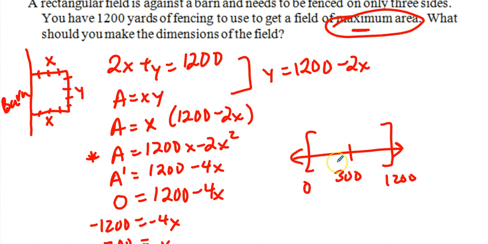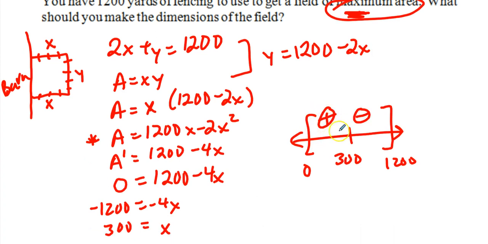Okay, so we want to test in between 0 and 300, and in between 300 and 1,200. So go ahead and pause. I would like you to check those values, whether they're increasing or decreasing, and see if you can actually find, again, remember what we're talking about, the maximum here.